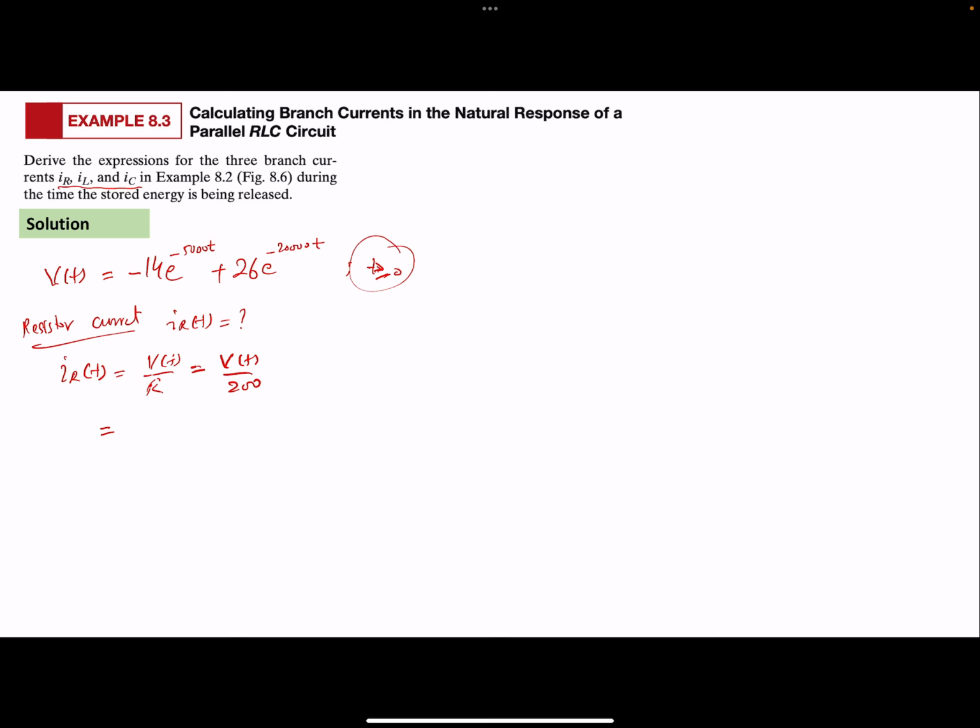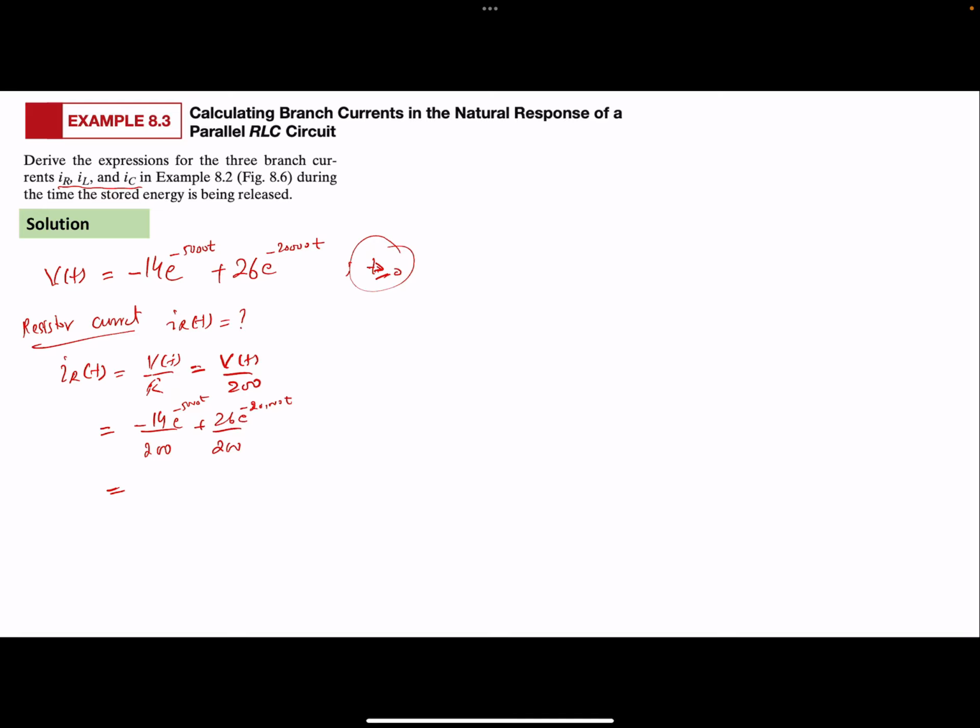That is minus 14 divided by 200 e raised to power minus 5000t plus 26 divided by 200 e raised to power minus 20,000t. I can express this in amperes or milliamperes.